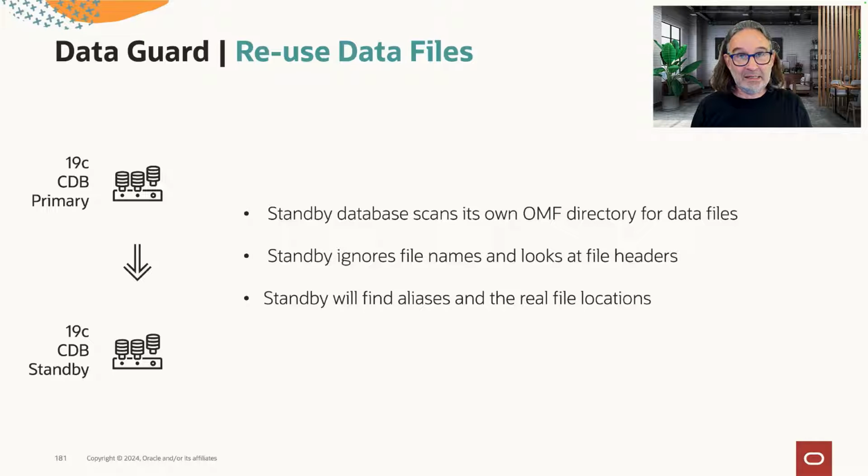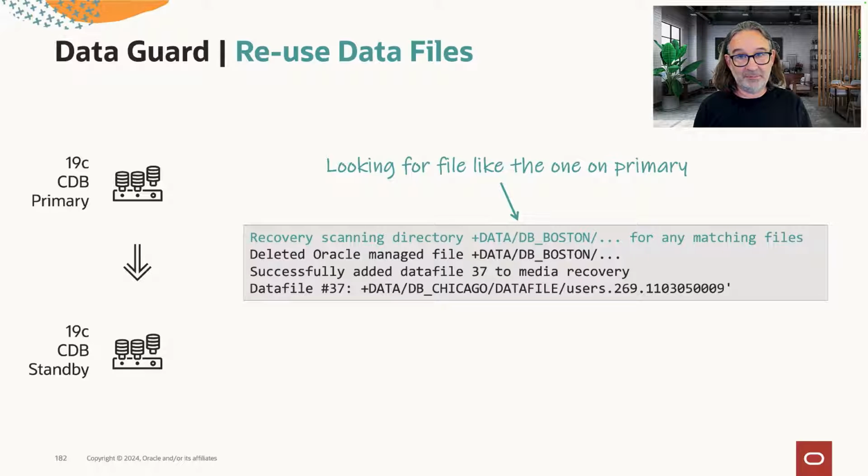And then it can also replicate the plugin operation on the standby. So here you see that it looks for a file like the one on the primary, and DB_Boston is it for matching files. You really see this in the alert log, and then it deletes the managed file and adds the right file pointer, and there it is. Now it's plugged in.